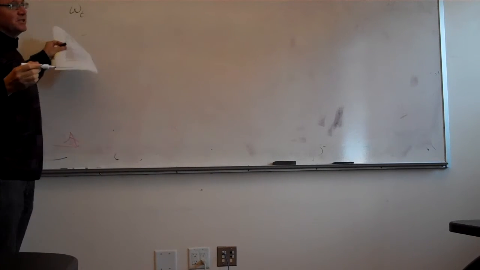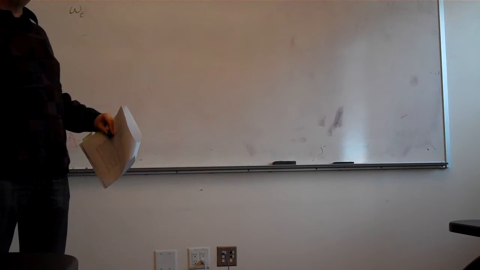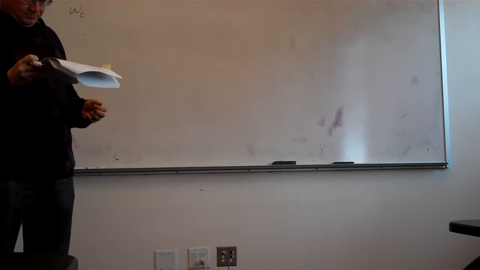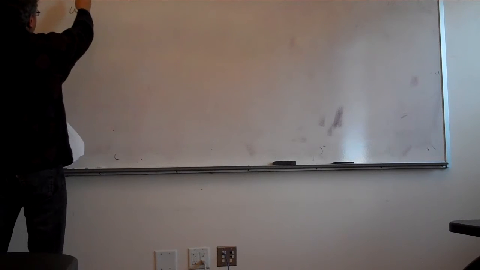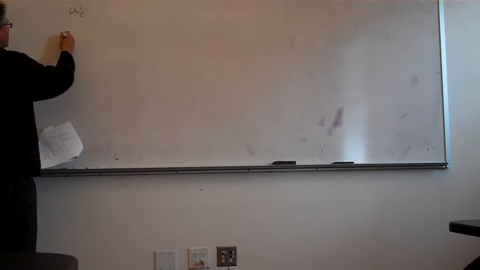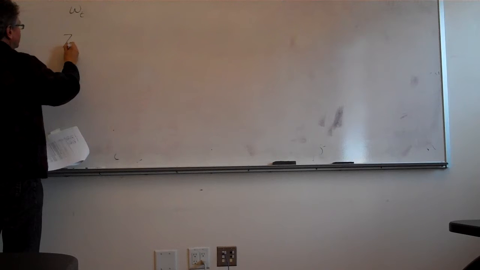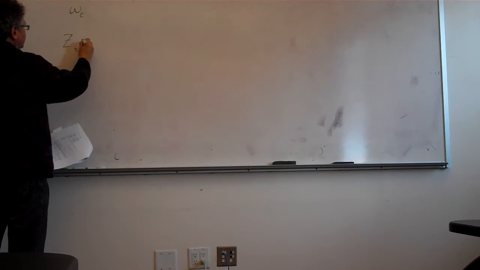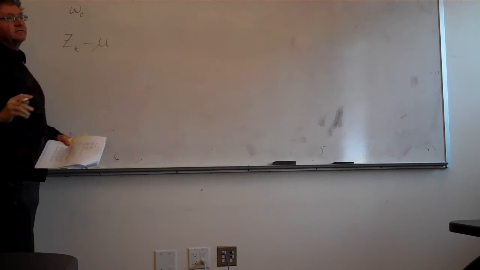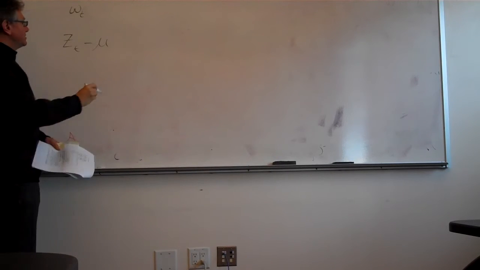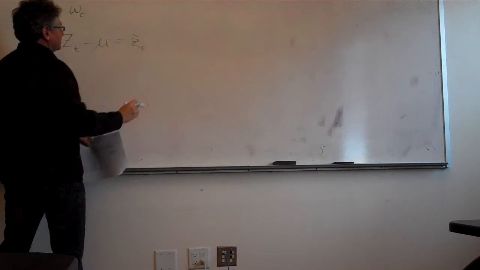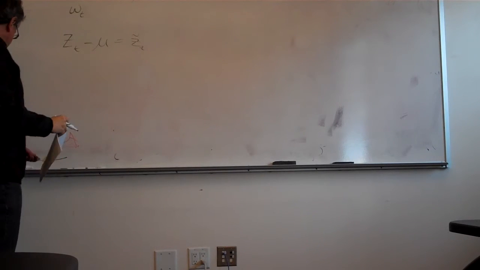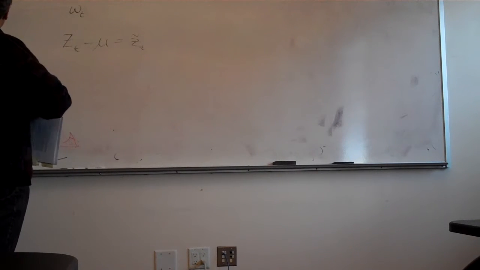W is assumed to be a stationary time series. And then if we're looking at ZT and we subtract from it the mean of the time series, that will be called ZT with the tilde.